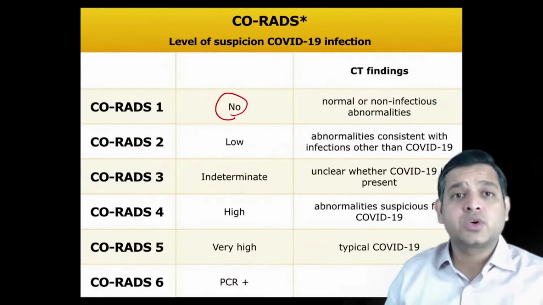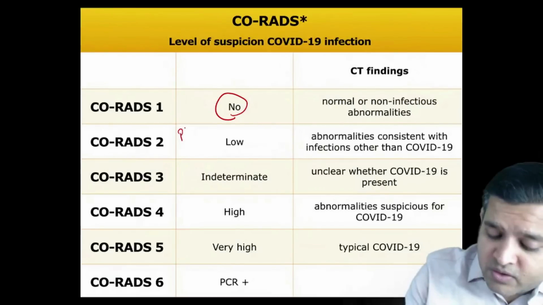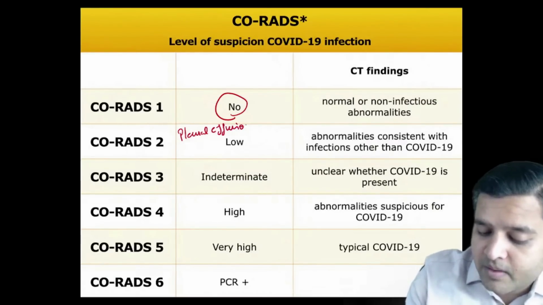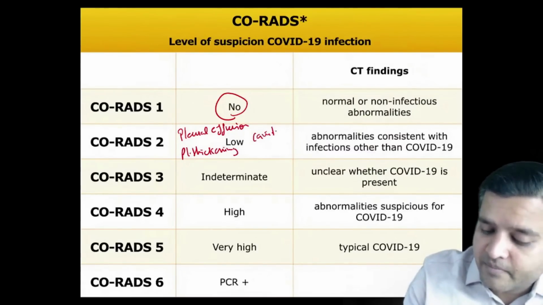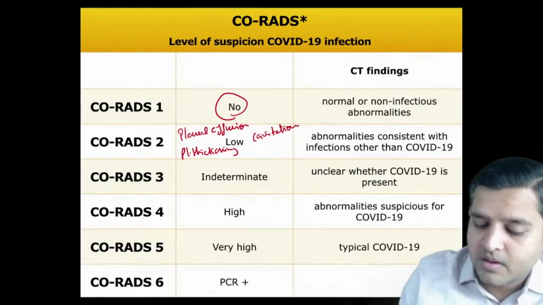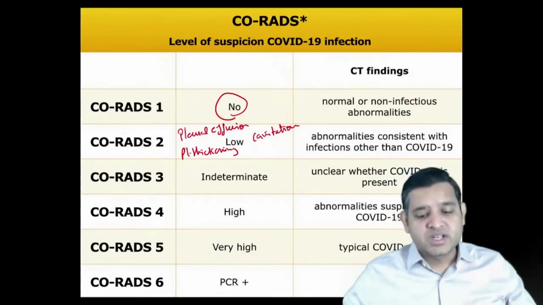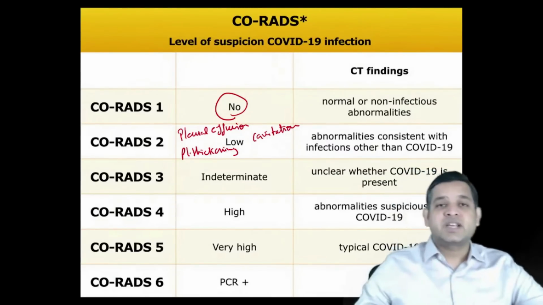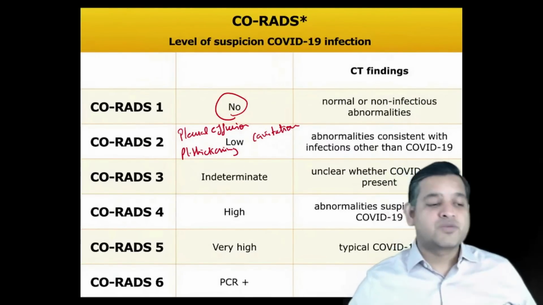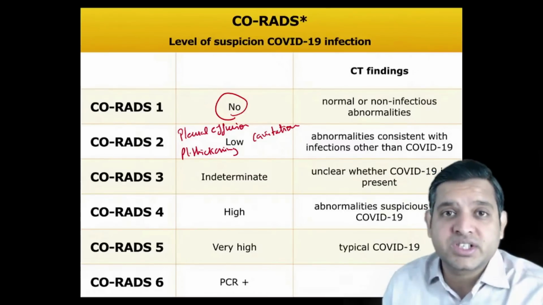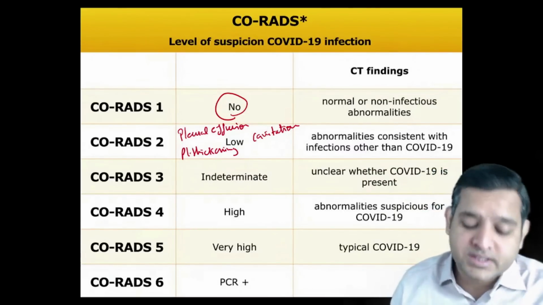The common points that I want you to remember are pleural effusion, pleural thickening, cavitation. All these are signs that suggest an infection other than COVID. So we see these changes, we label them as CORAD 2. That means there are changes in the CT which are reflecting some other disease.